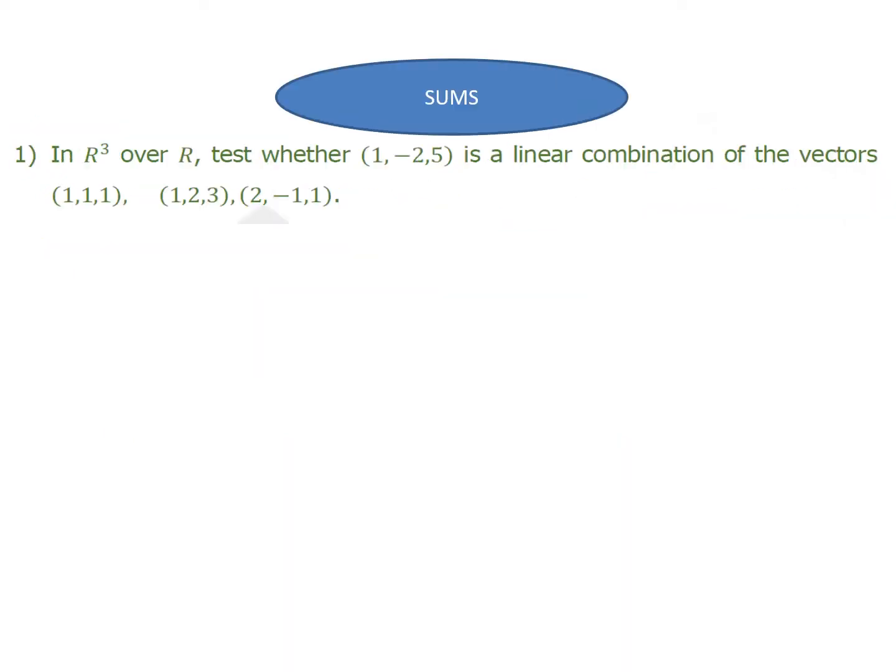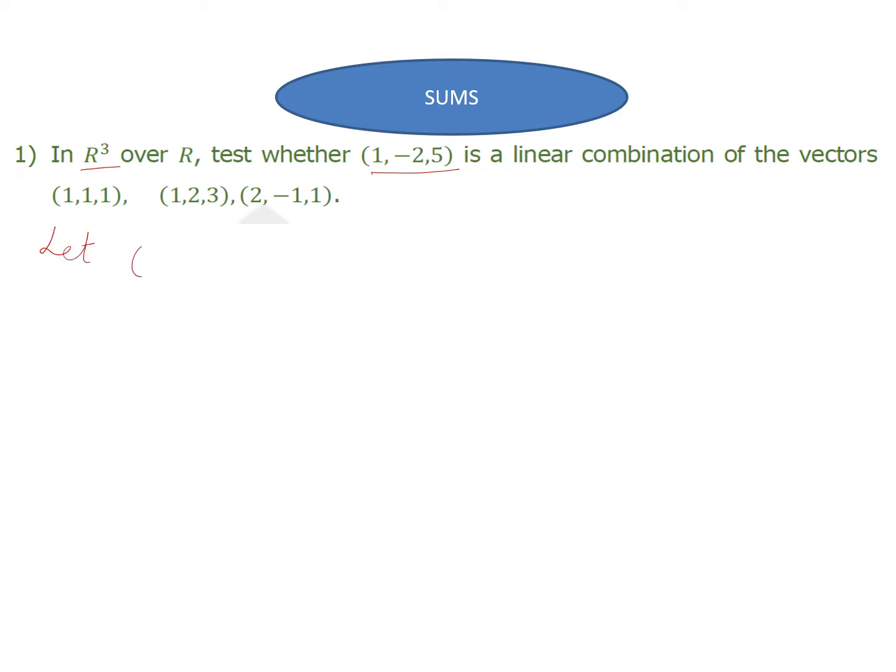Now, here we are going to check whether (1, -2, 5), a vector from R cube, is a linear combination of the three vectors (1, 1, 1), (1, 2, 3), and (2, -1, 1).